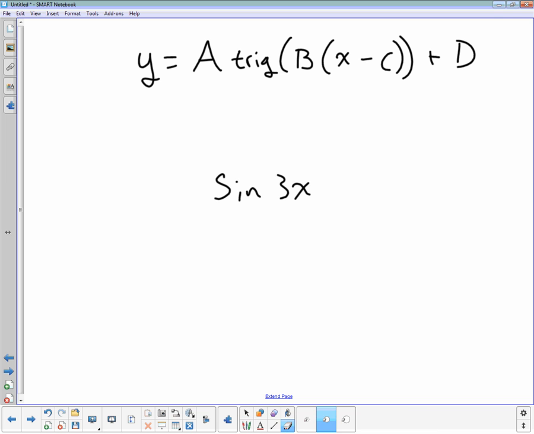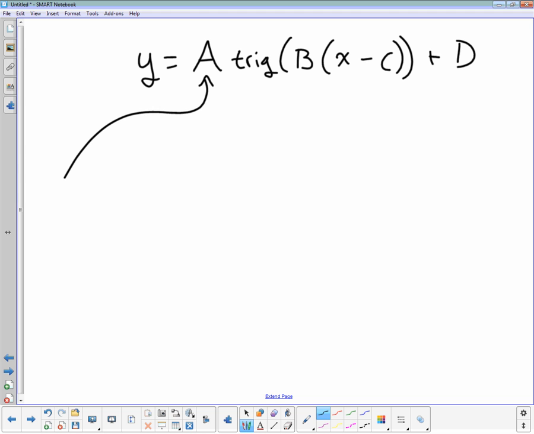The process of doing this is, first of all, let me explain what each one of these variables is. This is the amplitude. I'm going to go into each one of these and what they are. This is the number of cycles that will occur in 2 pi. This is the frequency.